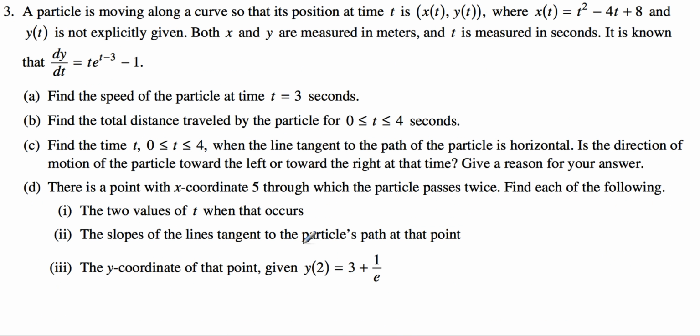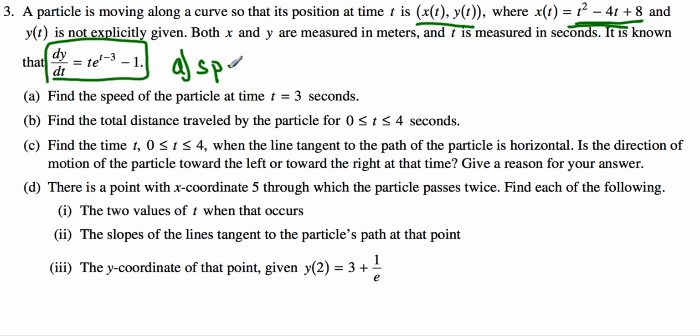Number 3. A particle is moving along a curve so that its position at time t is given in this way. So we're looking at a parametric function here. x of t is given in this manner, but for y of t, the only thing we know is dy/dt. Now, first, find the speed. How do you find the speed?